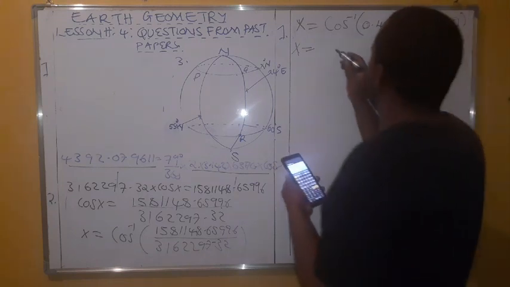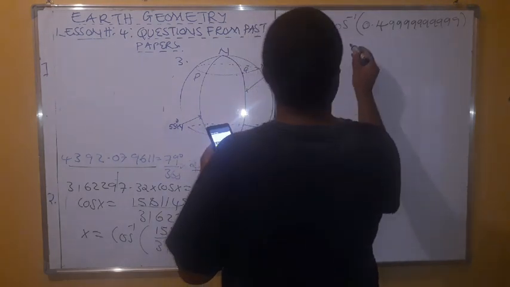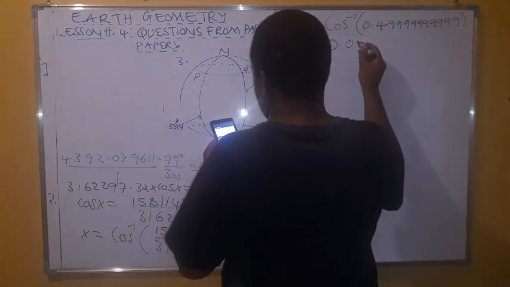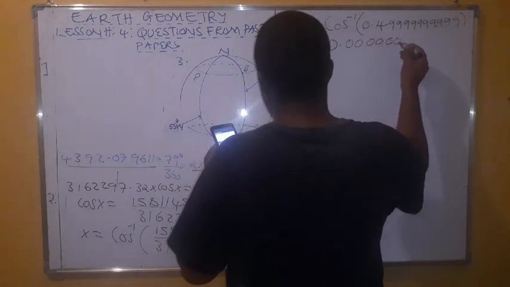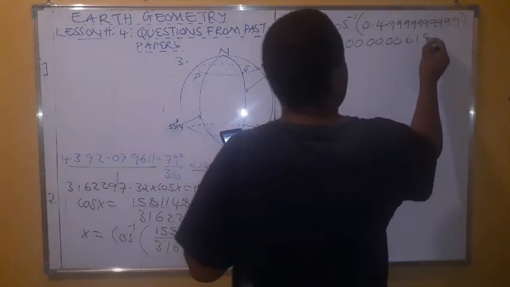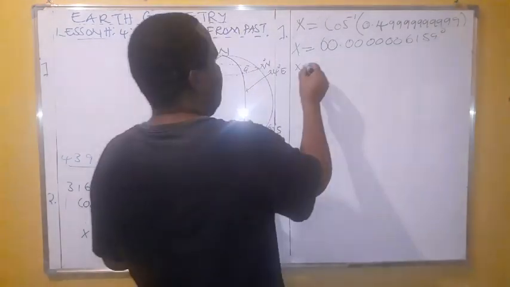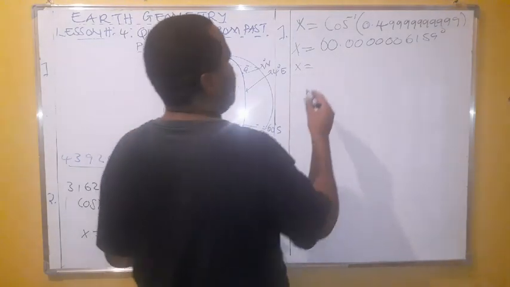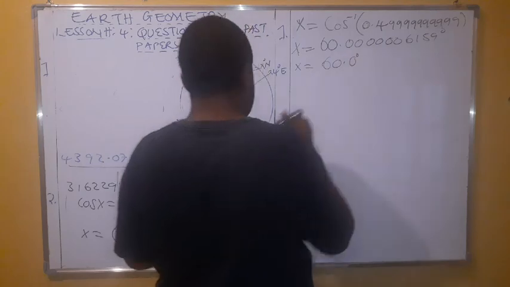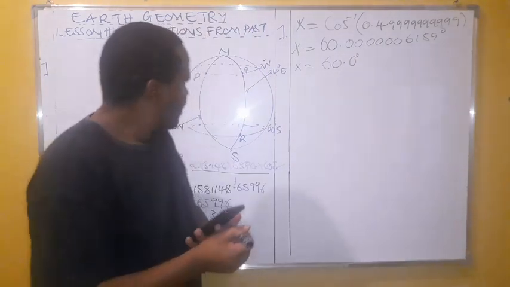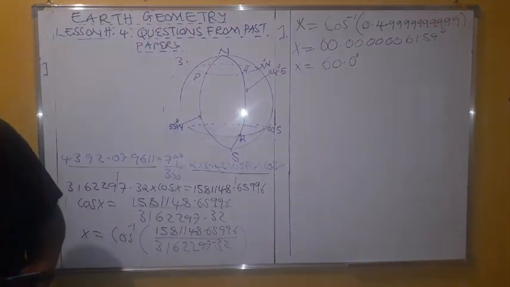And the answer here is 60.000006159. Of course, there could be some slight difference. All right, so remember we say for degrees we give it one decimal place. So this will be 60.0 degrees. So in terms of x, this is what we are going to have here. That is our latitude. All right.